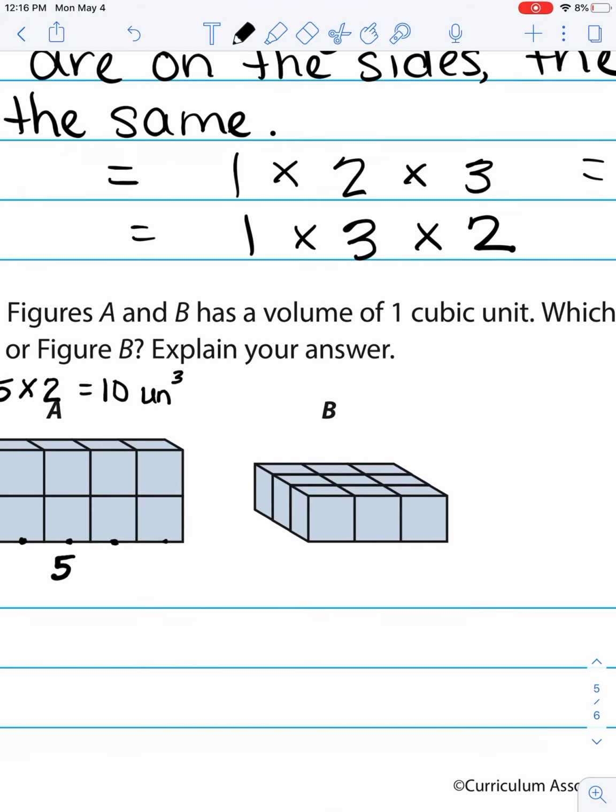Now, shape B is a 1, 2, 3 by 1, 2, 3 by 1. And I know that 3 times 3 is 9, and 9 times 1 is 9. So this one has a volume of 9 cubic units.